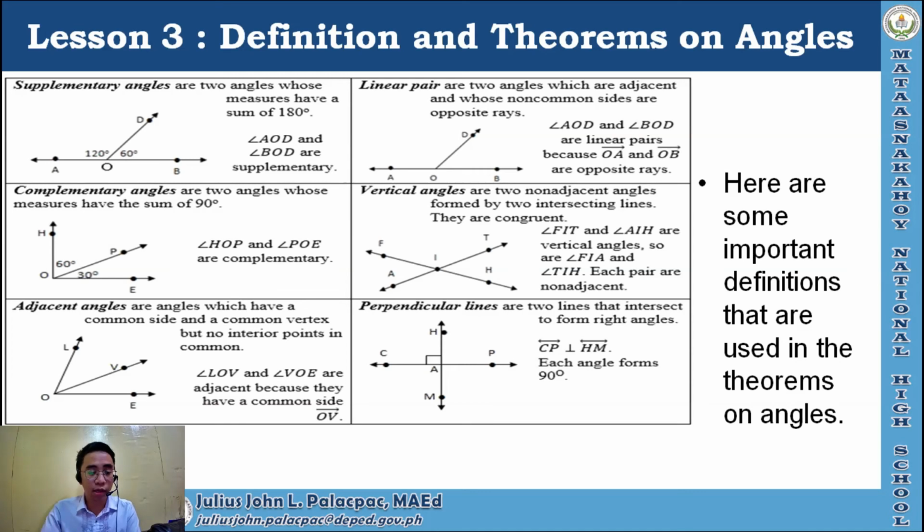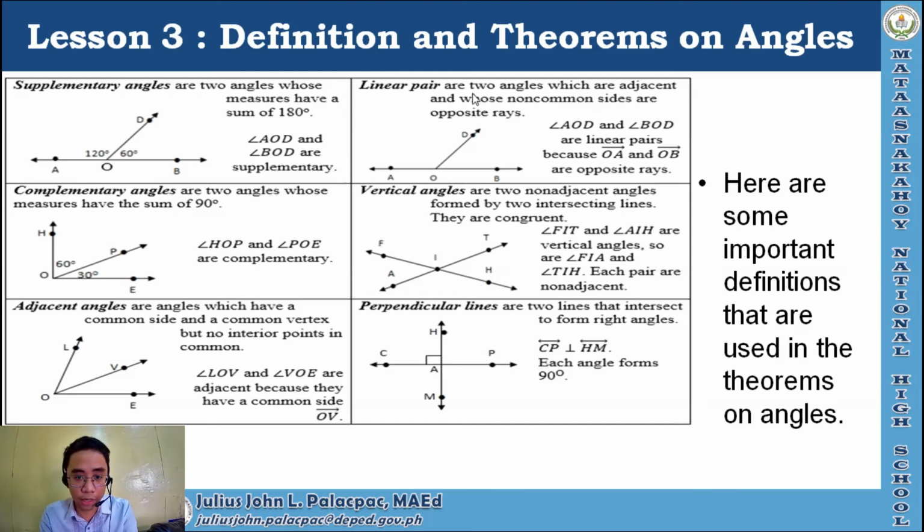Yung ating Theorem 3. Supplementary angles are two angles whose measure have a sum of 180. So, angle BOD tsaka angle AOD is 60 plus 120. Their sum is 180. Kaya sila tinawag na supplementary angles.